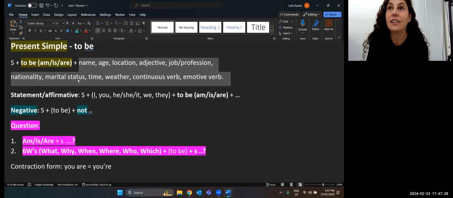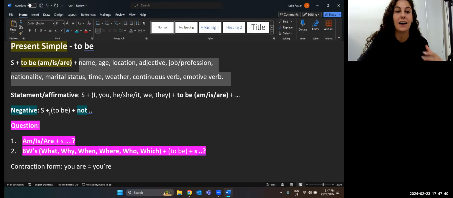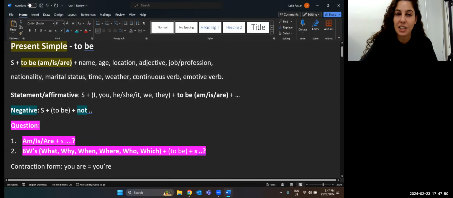You never use the auxiliary verb with the verb to be. The auxiliary verb is not changing the verb. It's just the verb as it is, like love, speak. So if I want to say a question, so are you, it would be with a continuous verb.